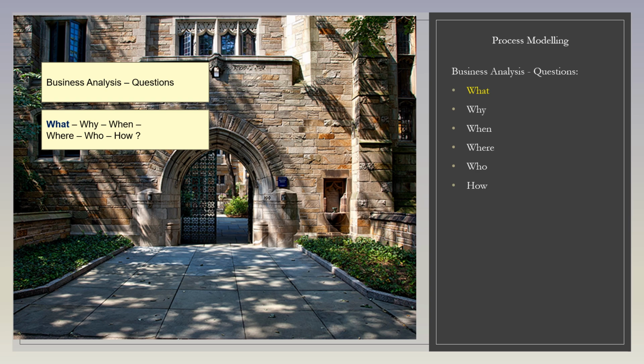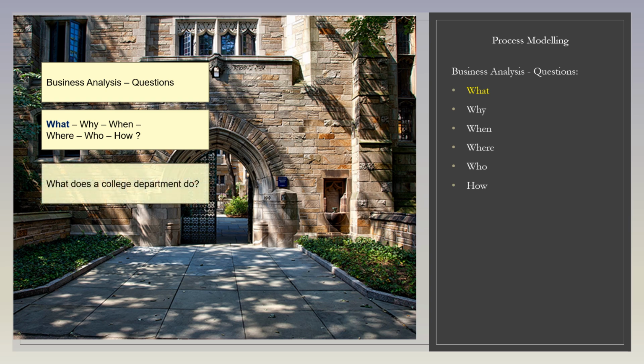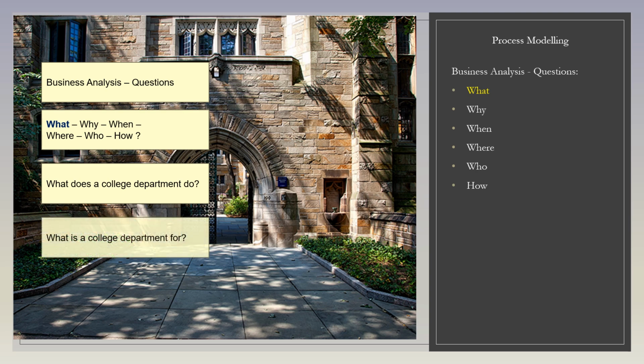The focus here initially is very much on the what. What does a college and a college department do? What is a college and a college department for? These may seem like fairly obvious questions, but if you can't answer them, you need to find out. Hence, we need to do some analysis.